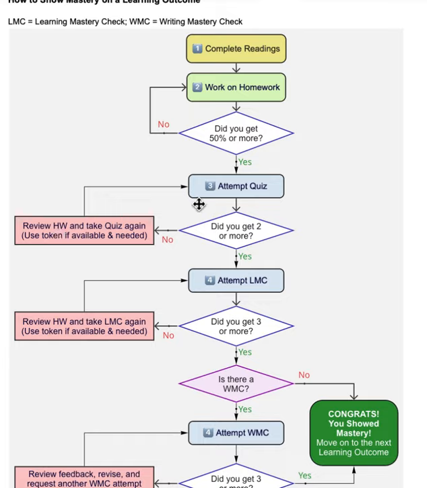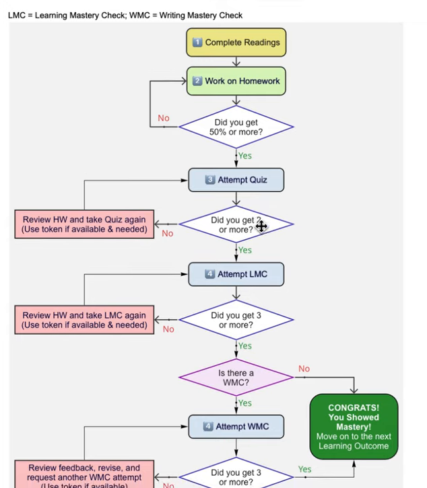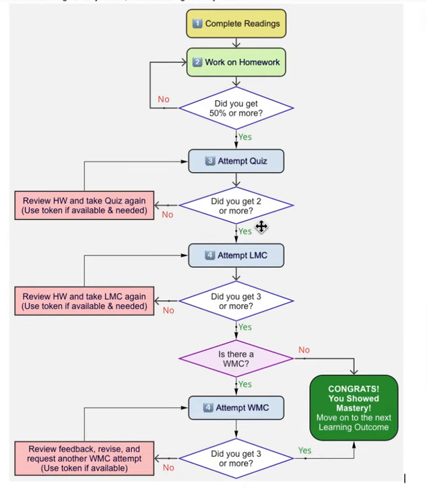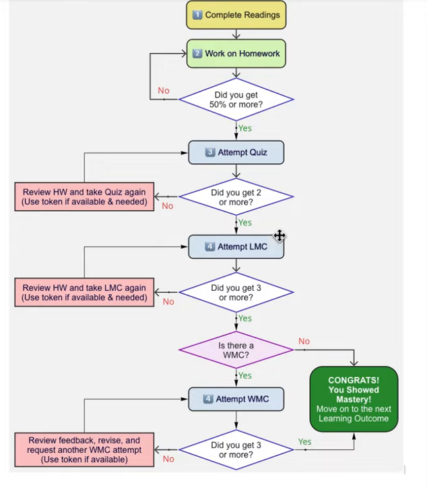Your highest score on your quiz attempts is retained in your grade, so as soon as you score a high enough grade to move on, that's the grade that will move forward. Once you do get that 3 or higher, that gets you a check, so to speak, on that quiz. You're done with that quiz, and you can move on to the learning mastery check.